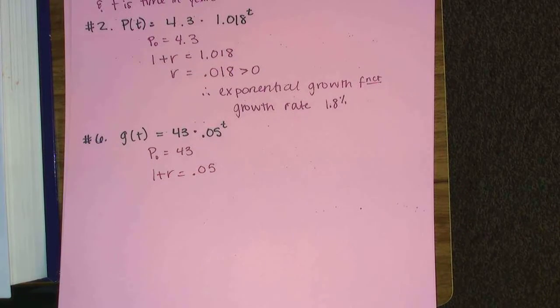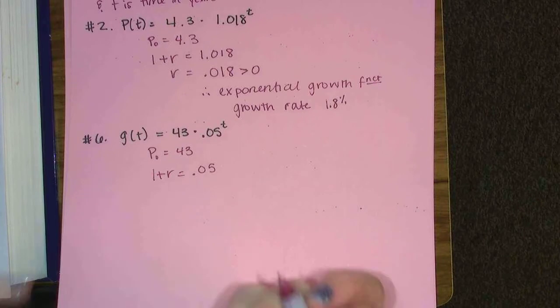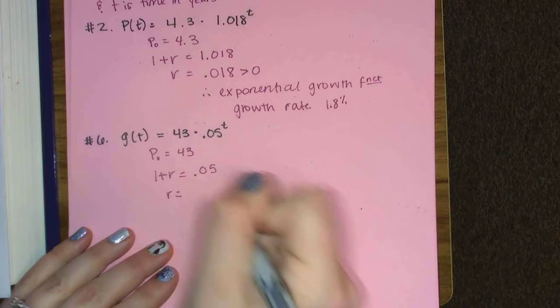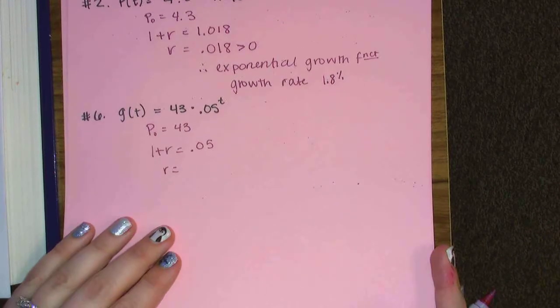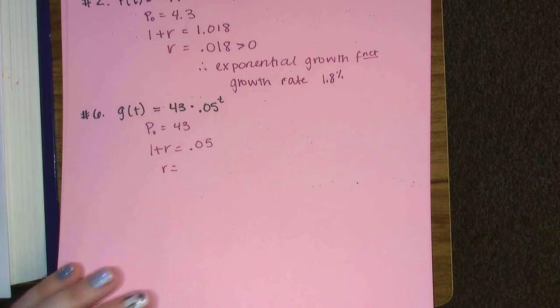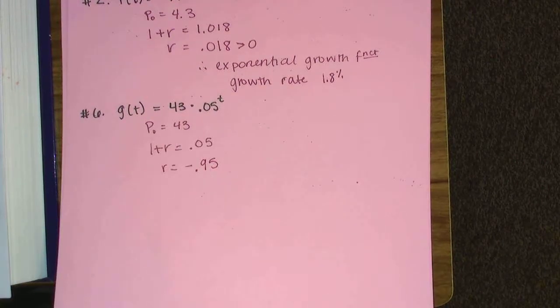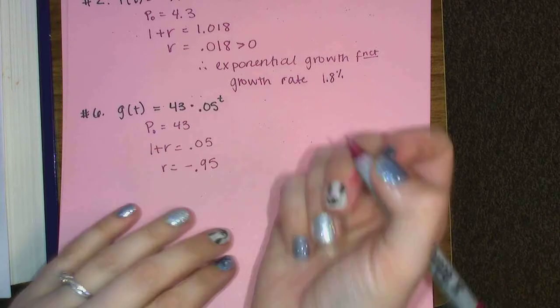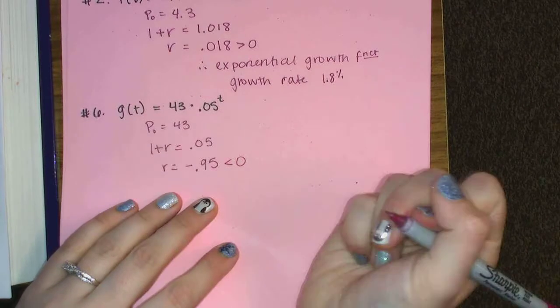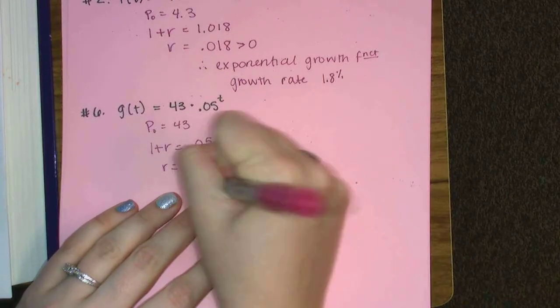So what is r? Positive or negative? Negative 0.95. Meaning this is what kind of a function then? Okay, a decay function. This is less than 0. So it is an exponential decay function.